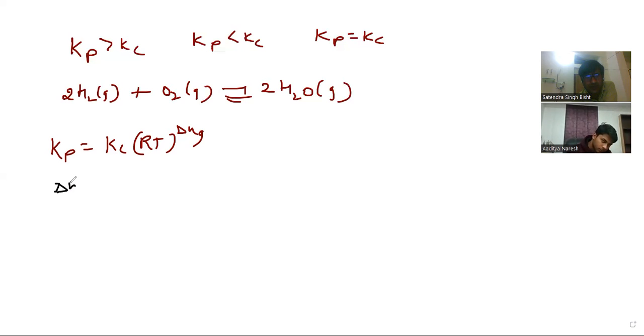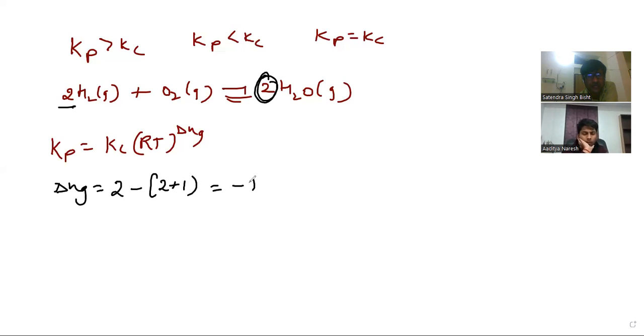Del Ng means number of moles of product minus number of moles of reactant. The products are 2, and the reactants are 2 plus 1, which is 3. So the answer is negative, minus 1.